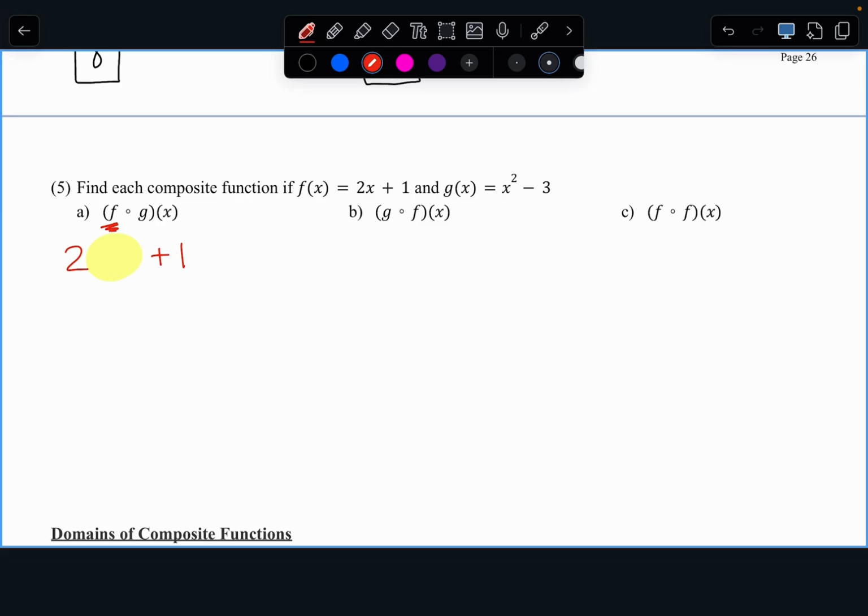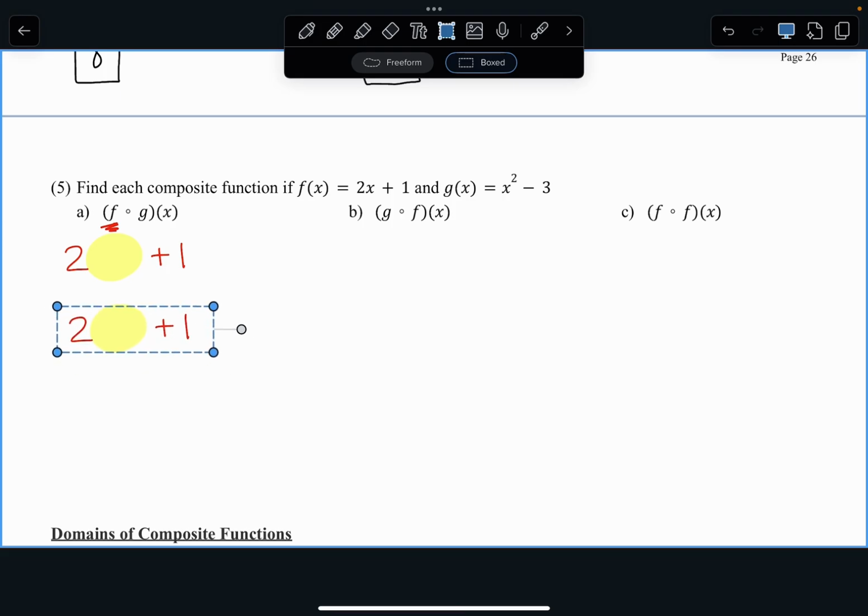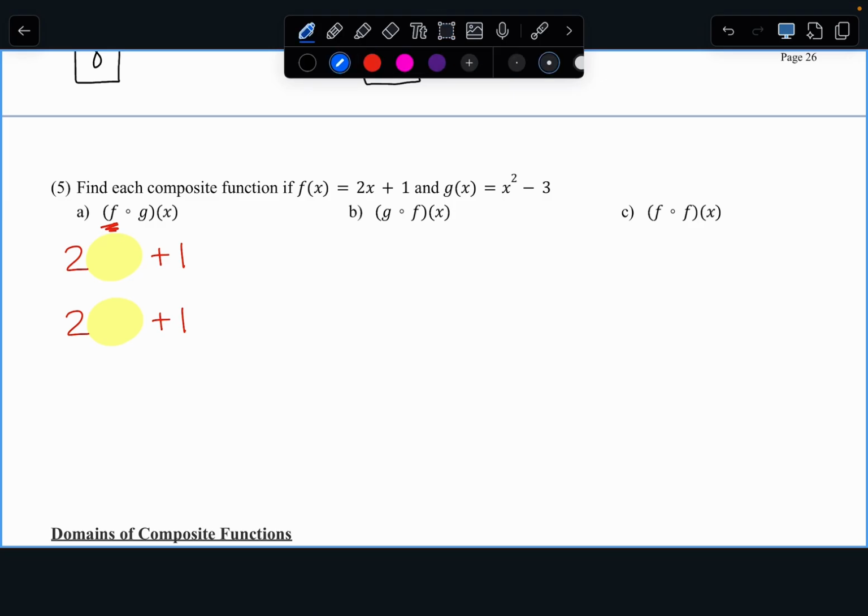What are we putting inside that highlighted piece? What are we putting in place of that highlighting? x squared minus 3.